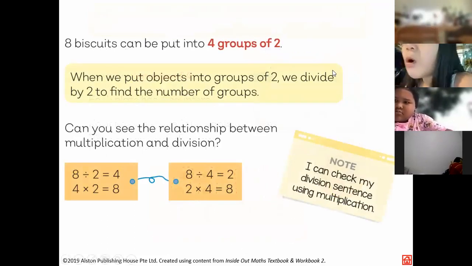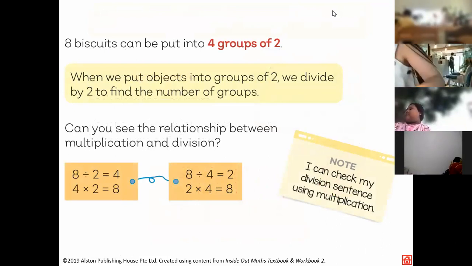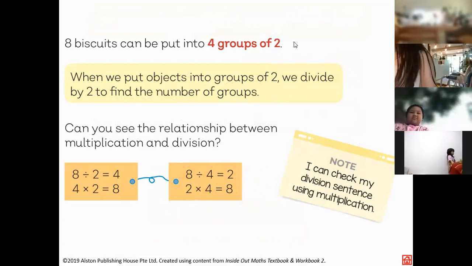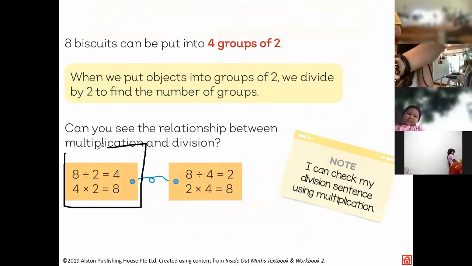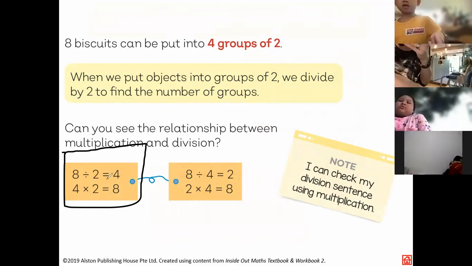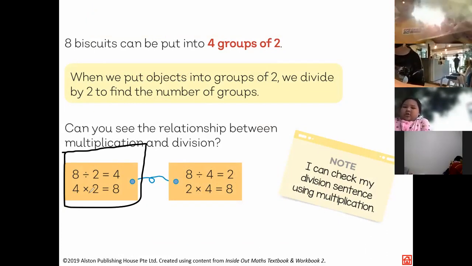So here's the solution. When we put objects into two groups or groups of two, we divide by 2 to find the number of groups. So this is how we did it. 8 divided by 2 equals 4. And for us to check the number of biscuits, we just have to multiply it by 2.